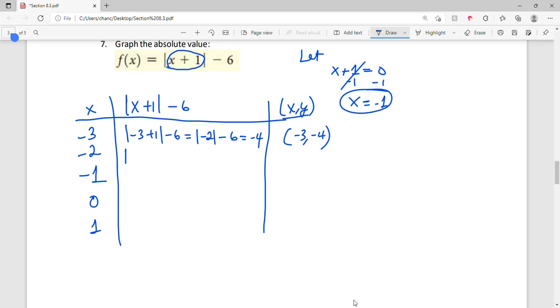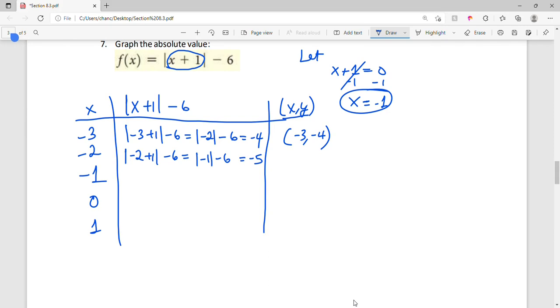For the next one, we'll plug in a negative 2 and then simplify. Negative 2 plus 1 is negative 1, so we have the absolute value of negative 1 minus 6. The absolute value of negative 1 is a positive 1. 1 minus 6 gives me negative 5.